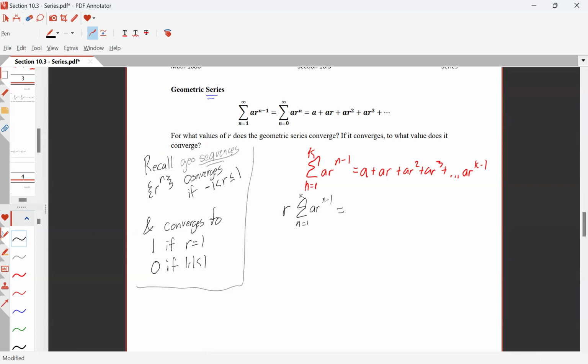So that sequence of partial sums now becomes ar plus ar squared plus ar cubed plus so on until we'd eventually have ar to the k minus 1. And because we have this additional r, we'll also get all the way up to ar to the k. It's this entire sequence before, but everything gets multiplied by r.